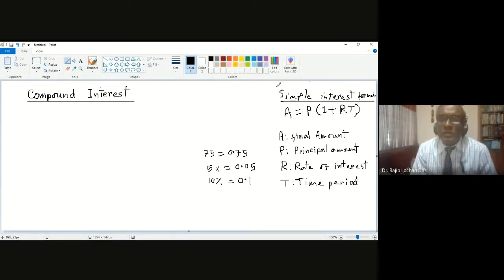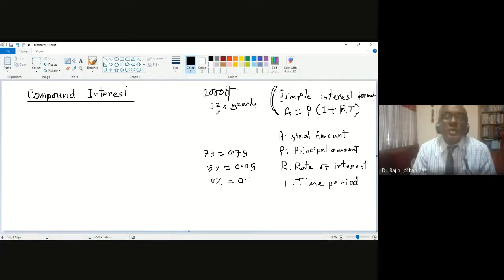Now try to remember the simple interest concept. 10,000 taka will be invested in a business, and we are getting some more money from it. Say you are getting 12% yearly interest, so in 1 year you will get 12% more.